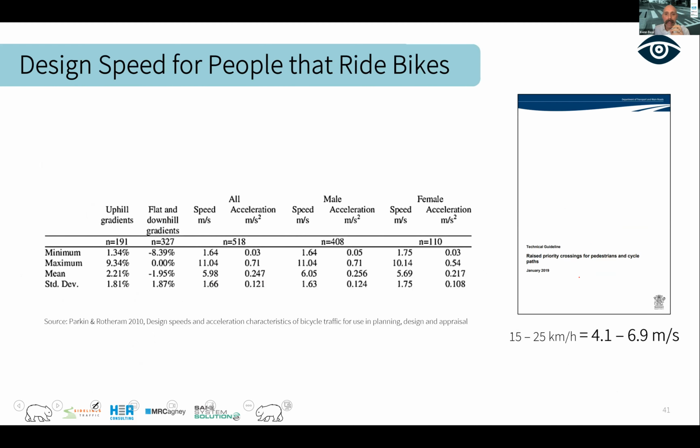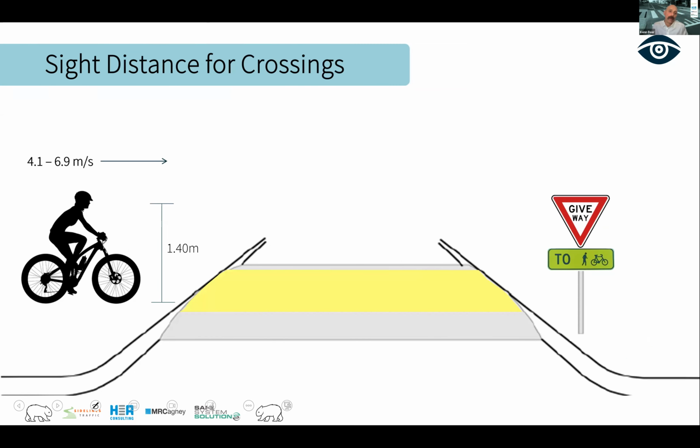So there's a number of different bits of information out there on what speed we should take for a cyclist, and I put in some of the research around that. TMR comes out with that sort of 15 to 25, or 4.1 to 6.9 meters a second, and we could plug that in there. I'm actually a little bit more drawn to the Victorian guidance, which I'm going to talk through.